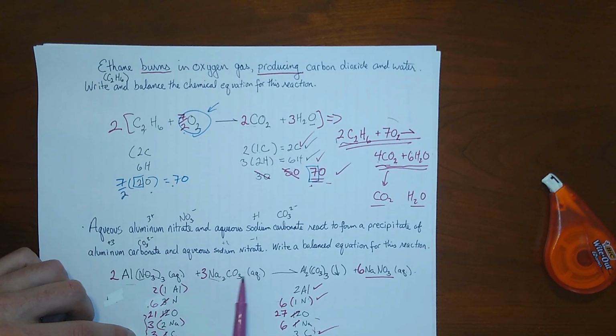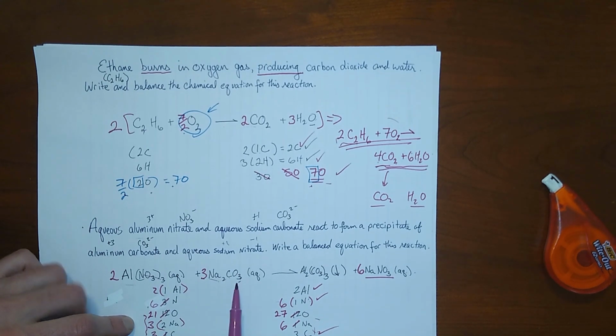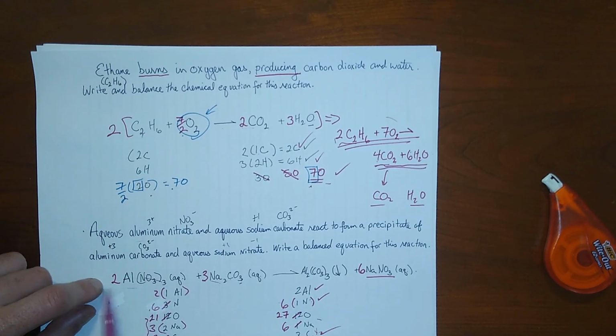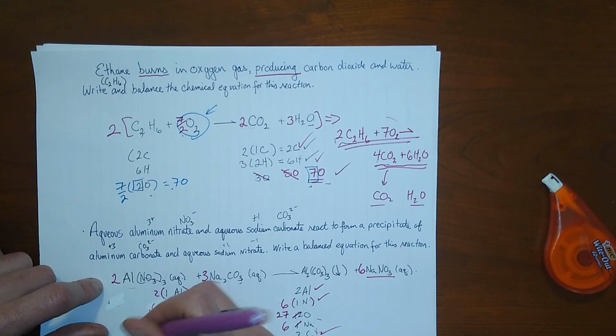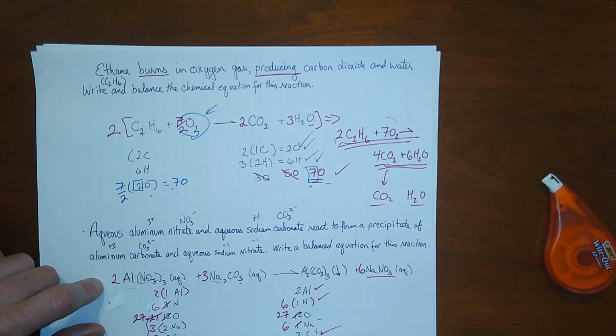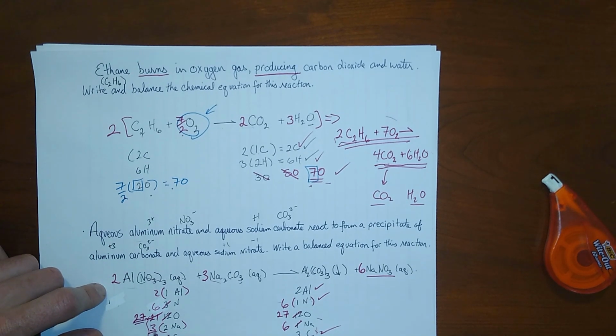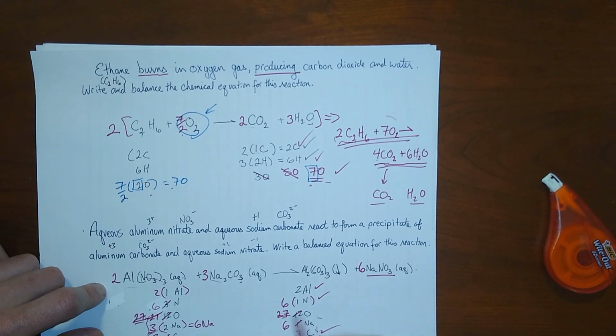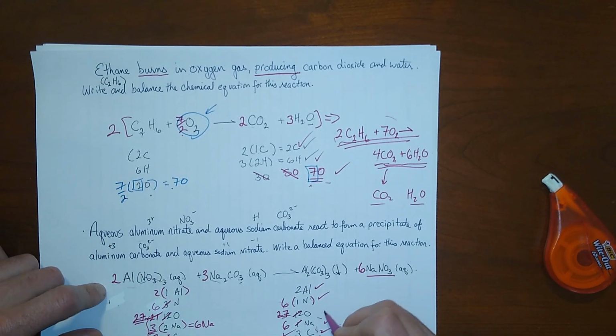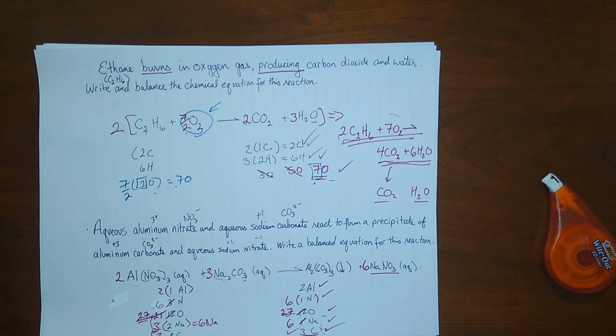And now I recount my oxygen again as well, since I have now 3 times 3, there's 9 here. And then there were 18 from this. So that's a total of 27. And lo and behold, just that one change actually balanced all 3 of the remaining elements. Okay, so I think this is balanced now.